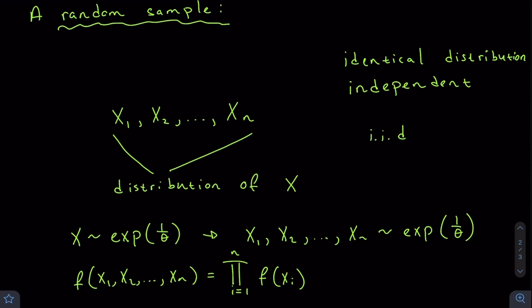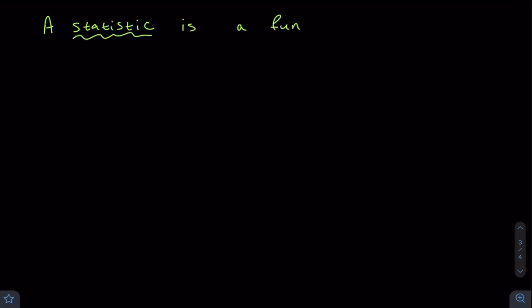Random sampling will help us estimate the unknown parameter. And this estimate will eventually be called a statistic. A statistic is a function of the random sample. Okay, so how does that look?